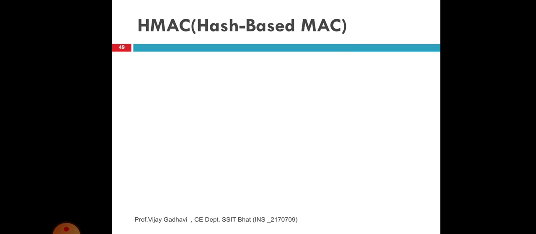A MAC involves a cryptographic hash function, a CHF, which is a mathematical algorithm that maps data of arbitrary size to a bit array of fixed size, and a secret cryptographic key. The key is the most important part. It is a piece of information that determines the functional output of a cryptographic algorithm.